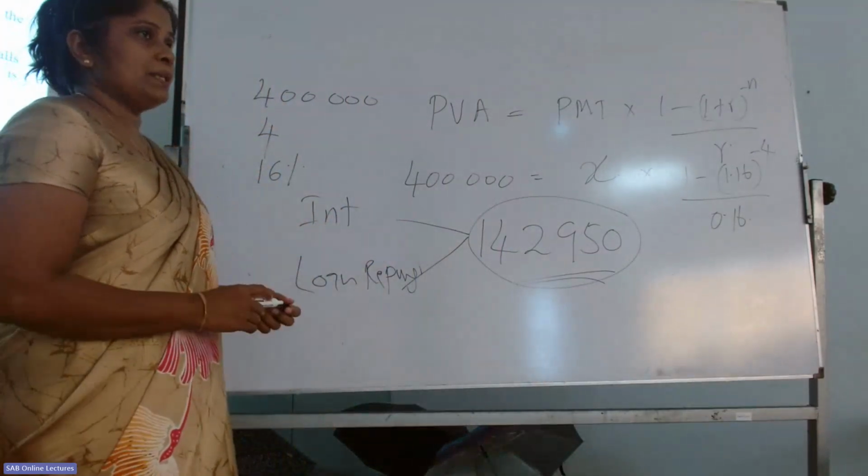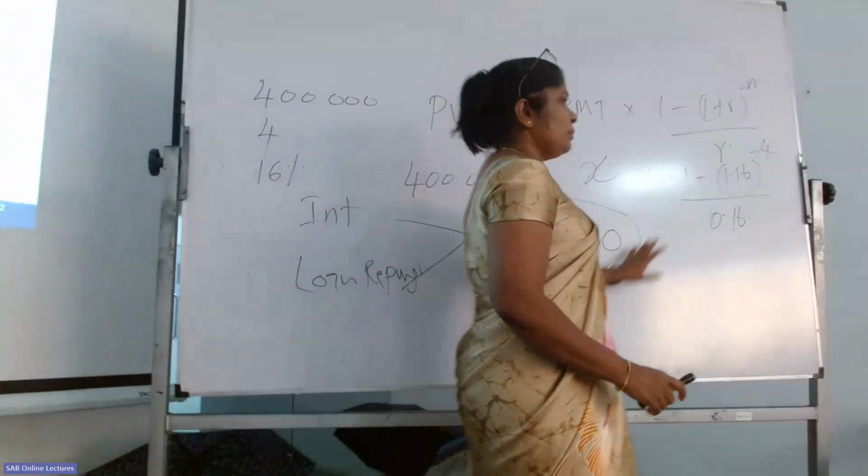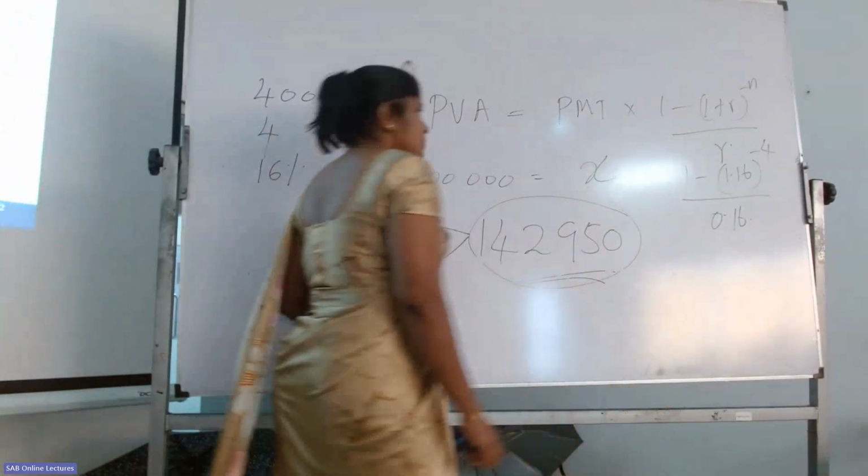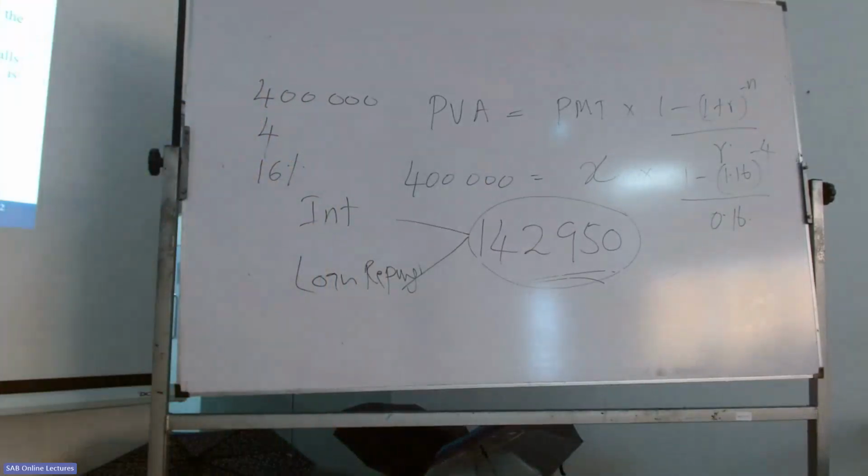Even though you pay a fixed amount at the end of each year, these values are different. So now we'll see with this example how we prepare the loan amortization schedule for this particular loan repayment.